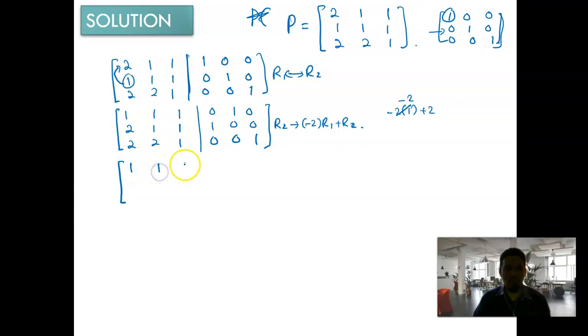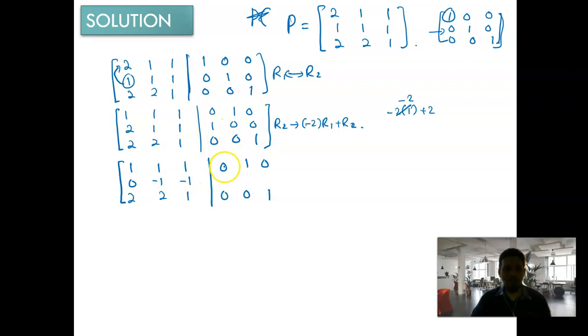1 1 1, 0 1 0, 2 2 1, 0 0 1. Now, negative 2 times 1 equal to negative 2, plus 2 equal to 0. Then negative 2 times 1 equal to negative 2, plus 1 equal to negative 1.